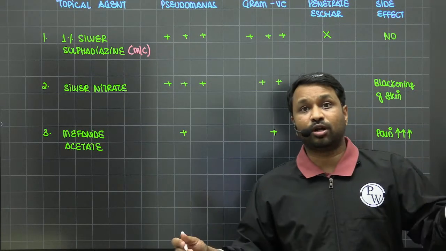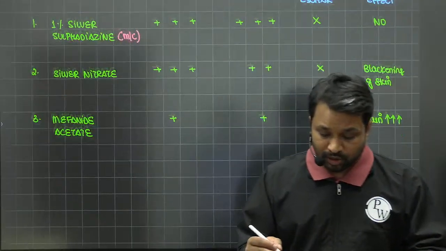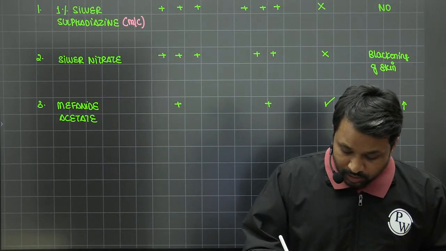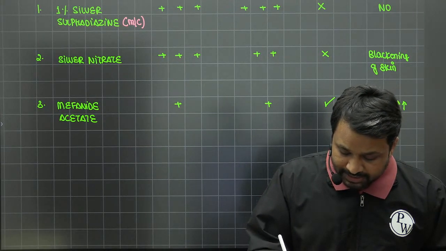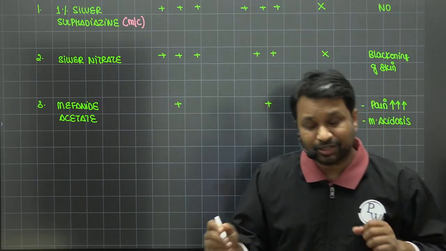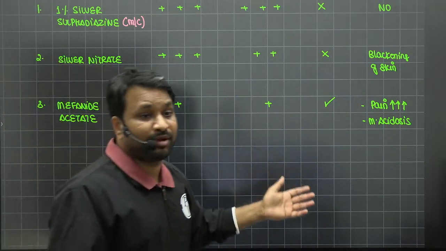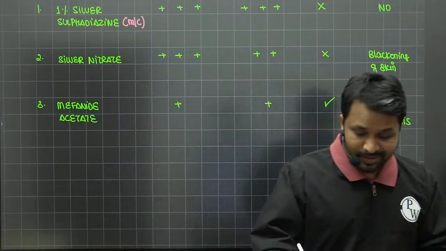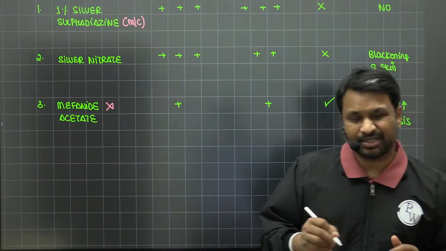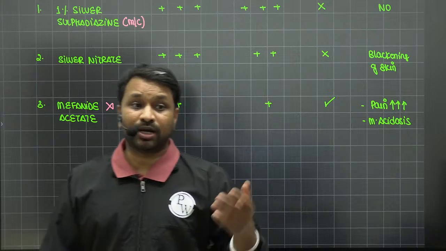So the patient will not like it because it will cause a lot of burning sensation. More importantly, rather than pain, it also causes metabolic acidosis, right? The patient with a burn is already in metabolic acidosis. We have already discussed the reason. And now, while putting on mafenide acetate, it worsens it. So hence, mafenide acetate is no longer used, even though it has the ability to penetrate eschar.